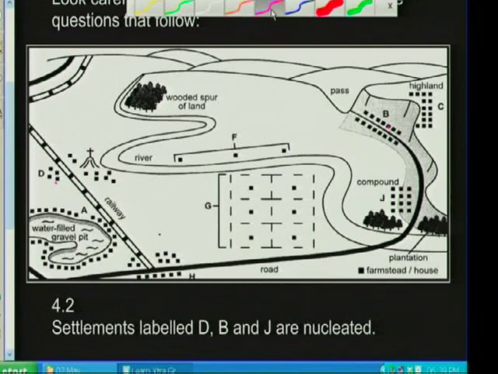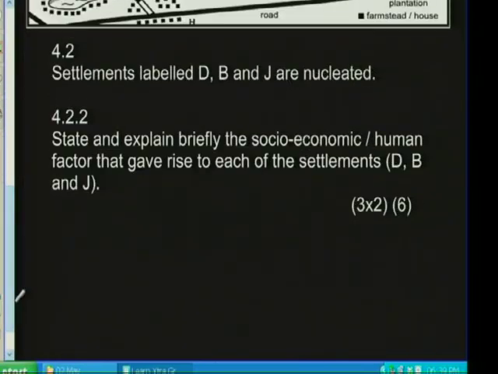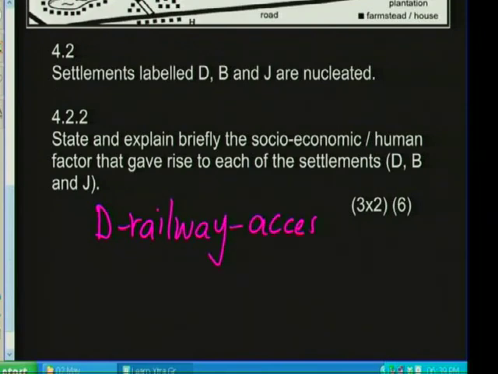State and explain briefly the socio-economic human factors that gave rise to each of the settlements labeled D, B, and J. In this example, settlement D is located along a railway line. So settlement D would be railway line. If we have to explain this further, the accessibility of the railway line provides for transport.